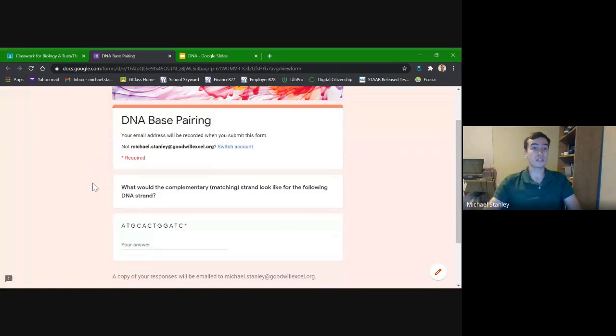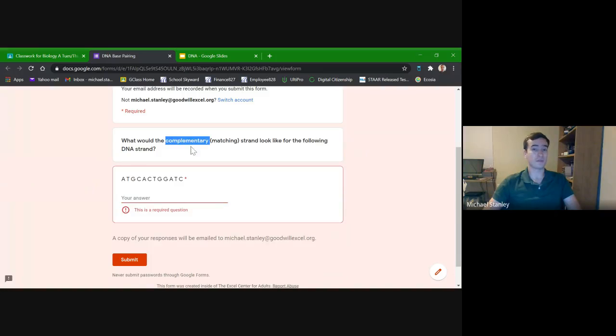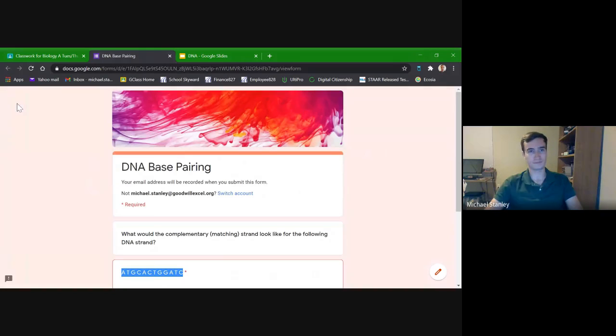Much like those examples that we just did in the notes, I give you a string of DNA strands, and then I want you to write in what would be the complementary strand. So what strand would match with this one that I've given you? And that's it. That's all you need to do for the homework for today.